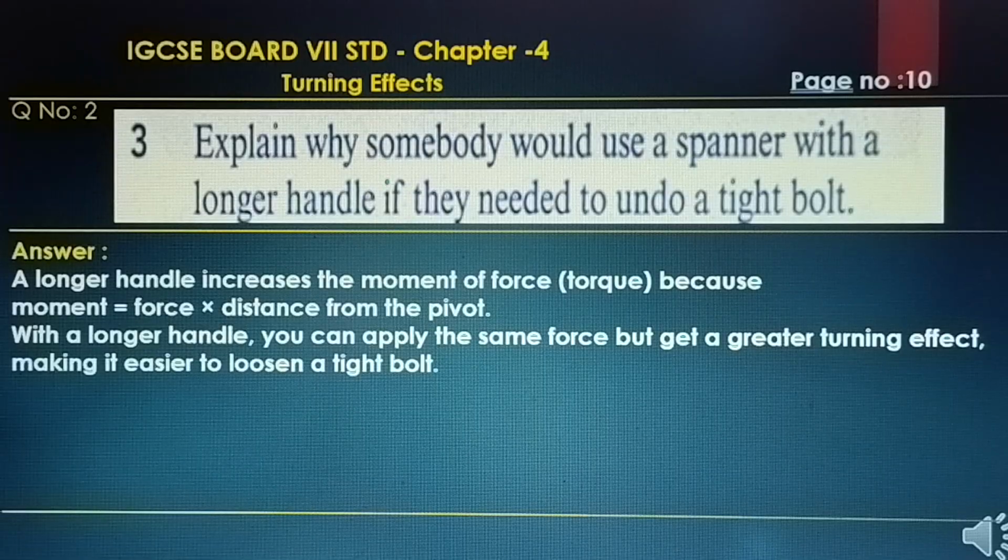A longer spanner increases the moment of a force, torque, because moment equals force into distance from the pivot. With a longer handle, you can apply the same force but get a greater turning effect, making it easier to loosen a tight bolt.